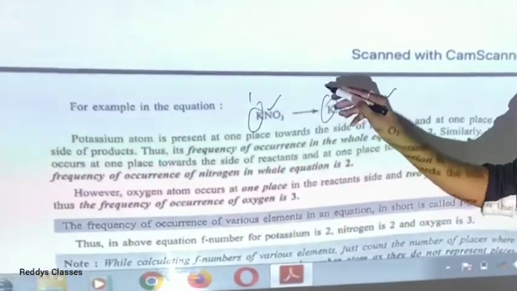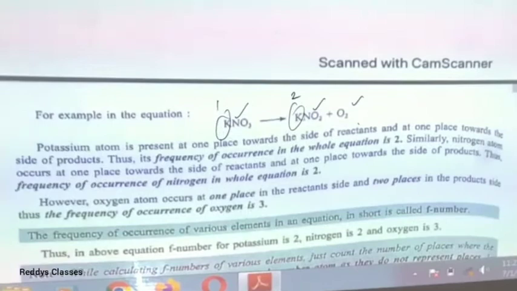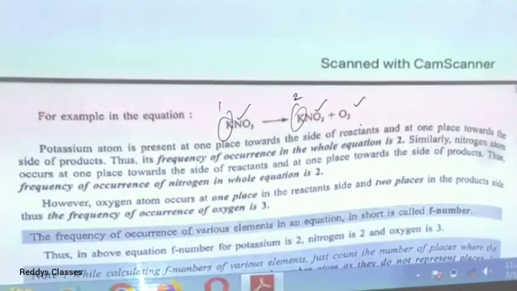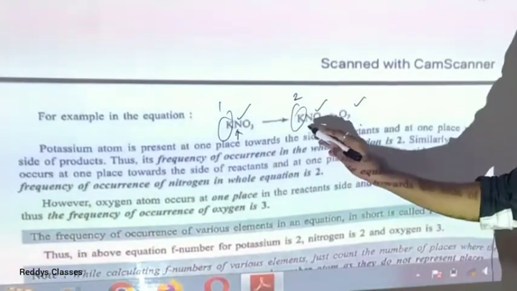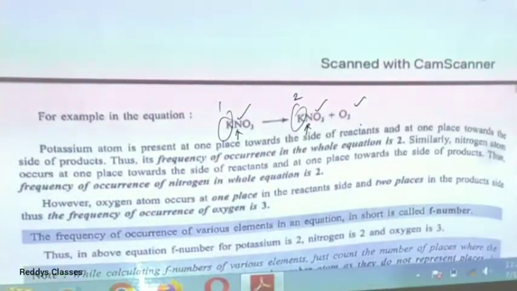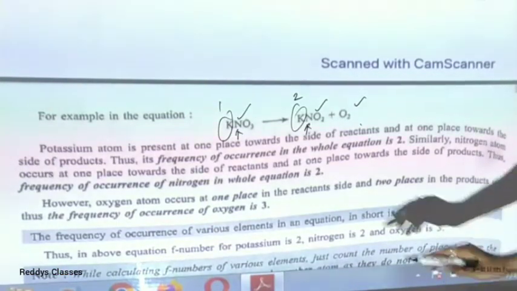It came one time here and a second time here. Similarly, the nitrogen atom occurs at one place towards the side of the reactant, and at one place towards the side of the product. Thus the frequency of occurrence of nitrogen in the whole equation is what?